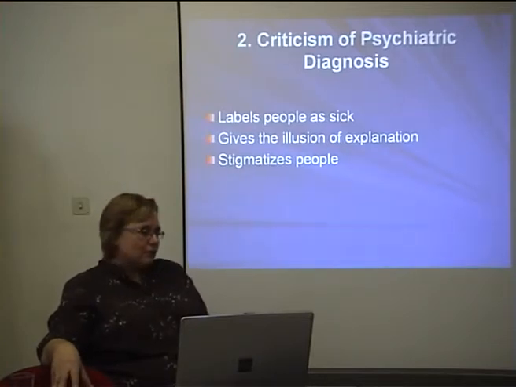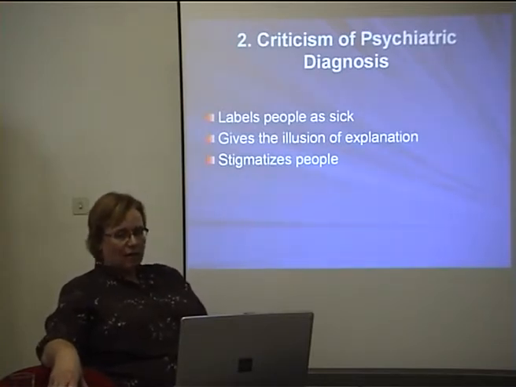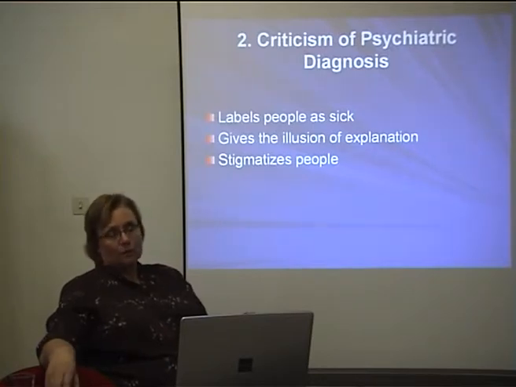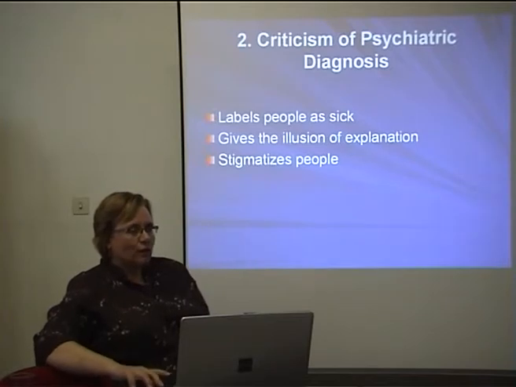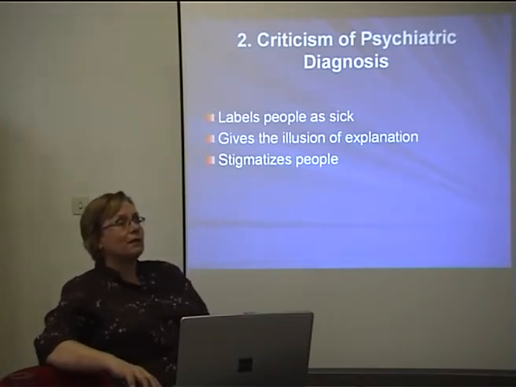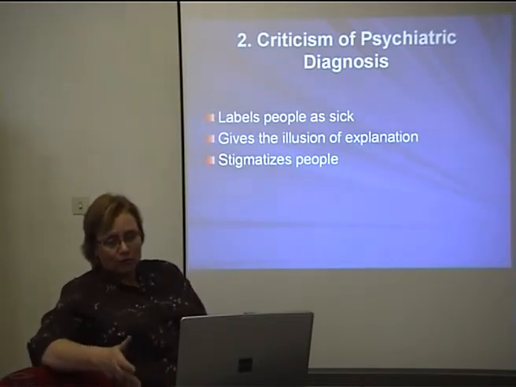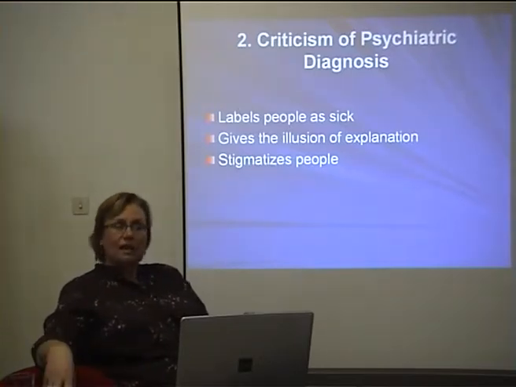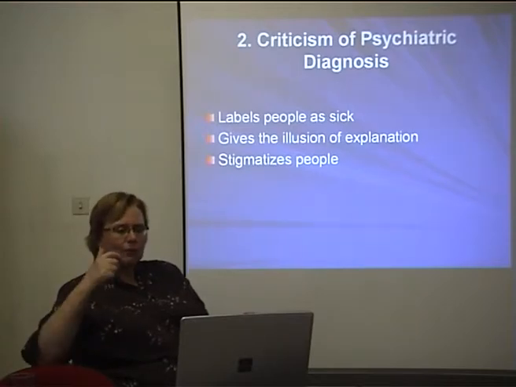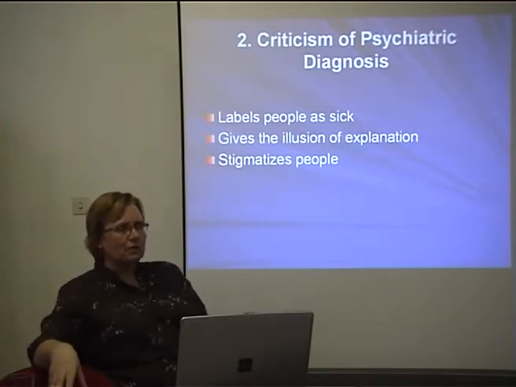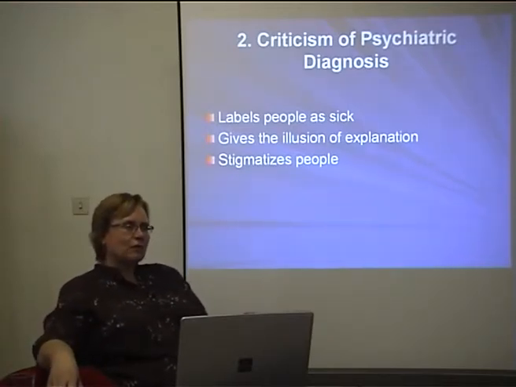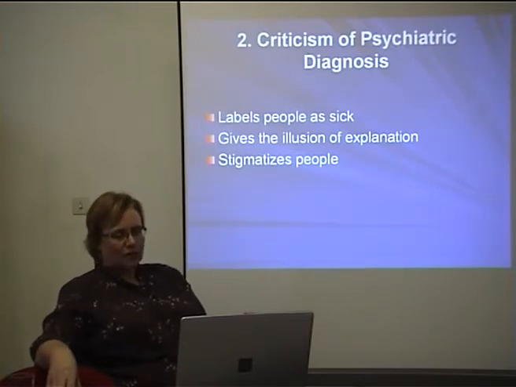So for example, if somebody labels you as having cyclothymic disorder, you may in fact feel that that means that you have a psychological problem when it might not be a problem at all for you or for anybody that lives with you. Second, sometimes people feel that once they have a label, they have an illusion of an explanation. The other problem is that once people do have a label, they may indeed feel stigmatized.